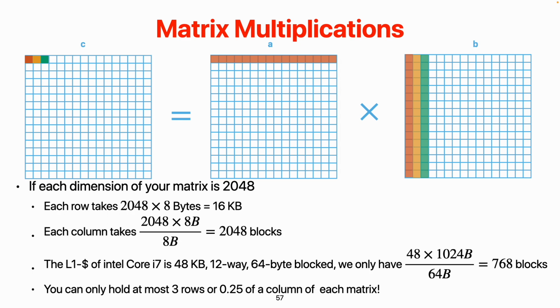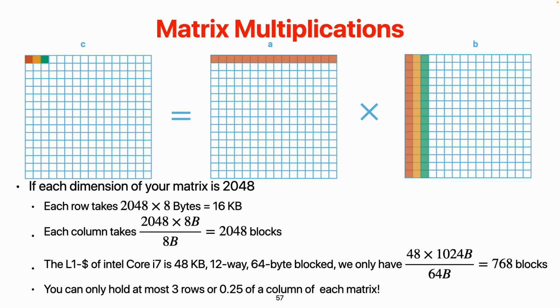So the first type of misses that we would see is actually a majority of capacity misses, because each column would take 2K blocks, and each block has 8 elements, and each element is 8 bytes.